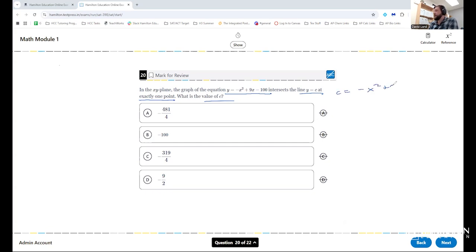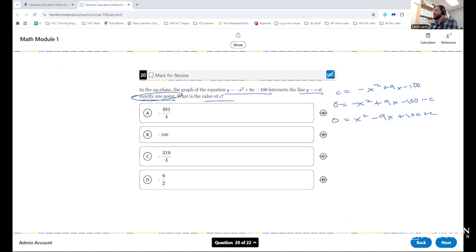Negative x squared plus 9x minus 100. Then we set it equal to 0 because it's a quadratic. Now you may want to multiply everything by negative to make things less negative, but it doesn't matter. Desmos won't have a problem with it, but I'm going to do it just to make it look easier to me. So I'm multiplying everything by negative 1 to make things more positive.